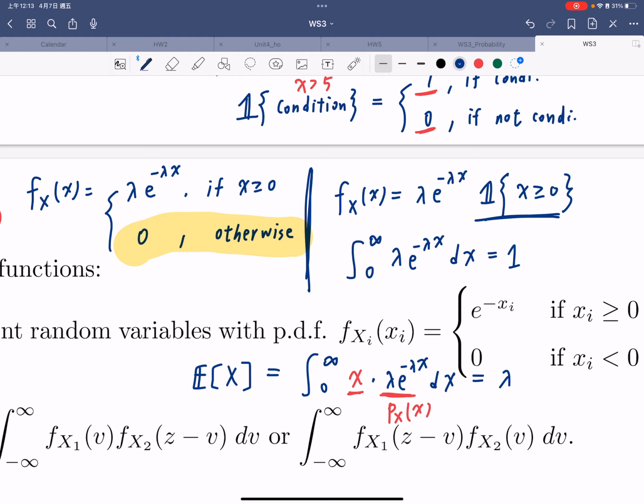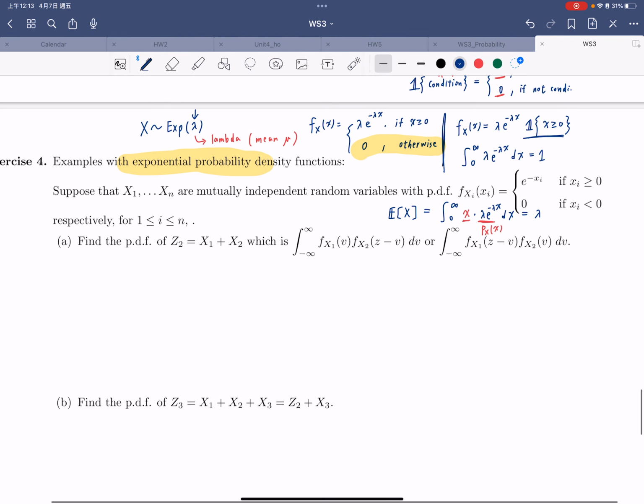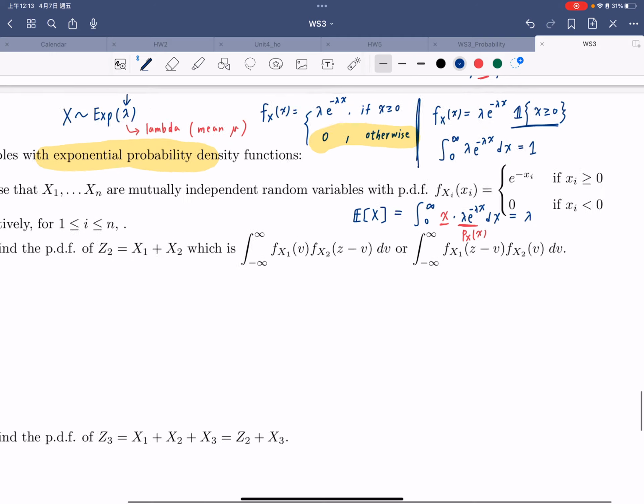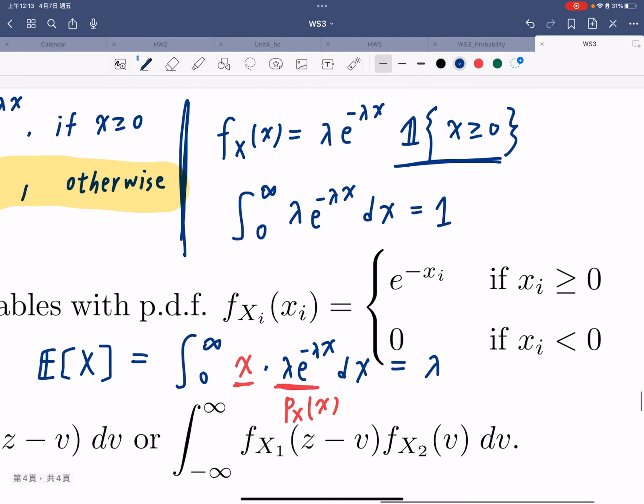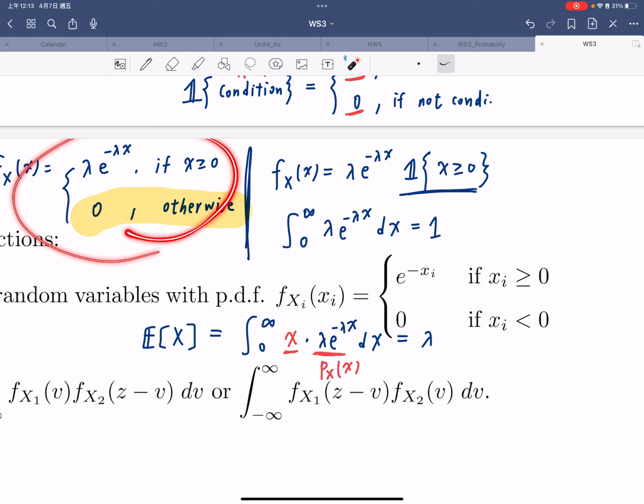Okay, so let's do exercise 4. Suppose that x1 to xn are mutually independent random variables with PDF f of xi equals exponential to the negative x if x is greater than 0. So basically it is the same as this one or this one, okay?